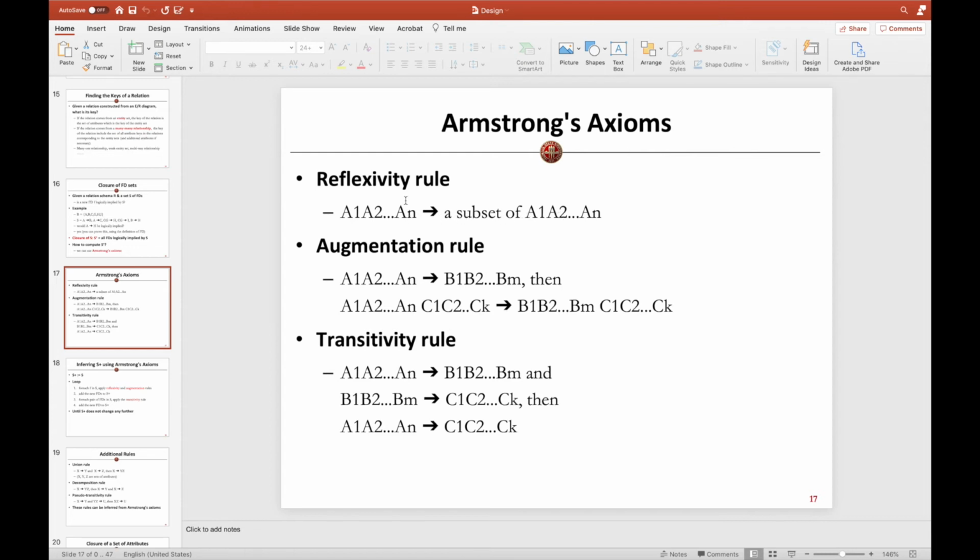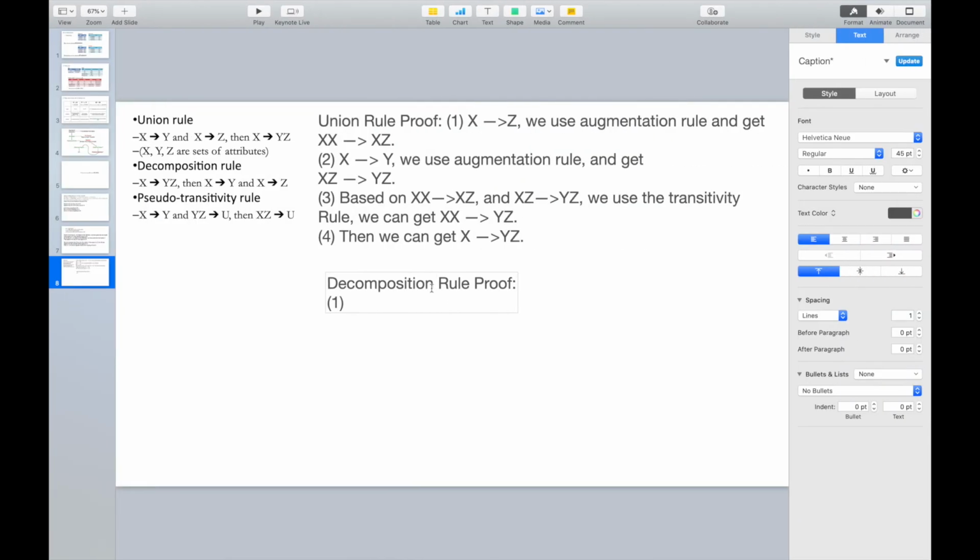By using this reflexivity rule in the Armstrong axioms, we can get YZ implies Y and YZ implies Z. Based on the reflexivity rule, we can decompose YZ to get both Y and Z, because they are subsets of YZ.